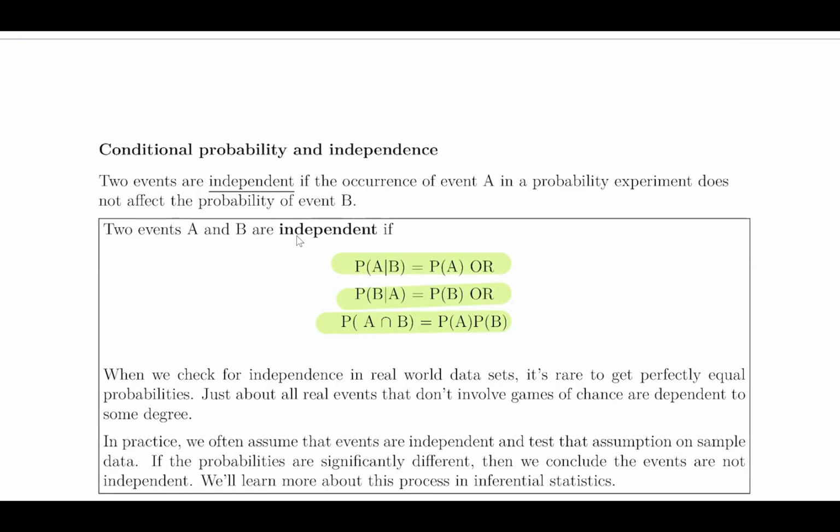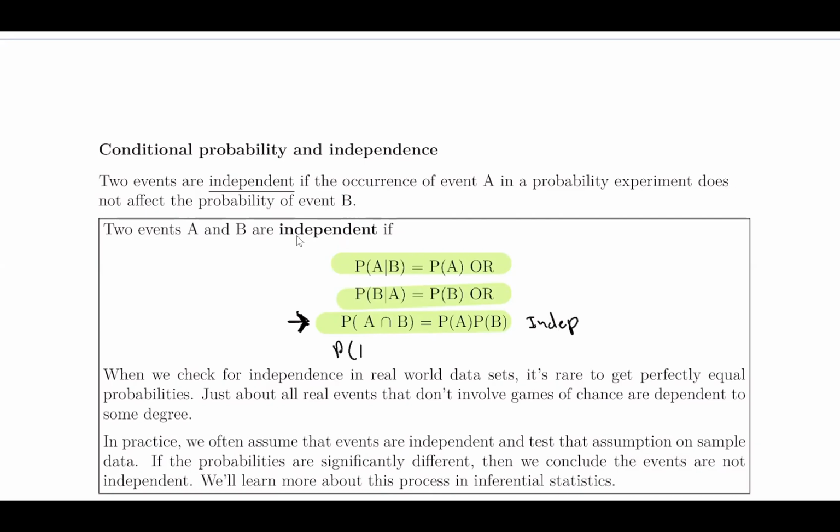There's actually a formula to check to see if two events are independent of each other. The formula we're going to use is the last one. That's the formula for the multiplication rule, which makes sense because if we know the events are independent, the probability of A and B should equal the probability of A multiplied by the probability of B. If these two quantities are equal to each other, we say the events are independent.